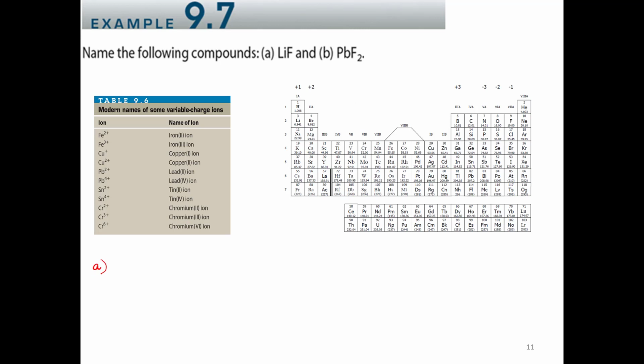Always, if you want to write the name of any compound, I suggest you write the equation. In this case, we have lithium plus fluorine. The next step is to check the charge. Lithium is in group 1A, so it's a +1 ion.